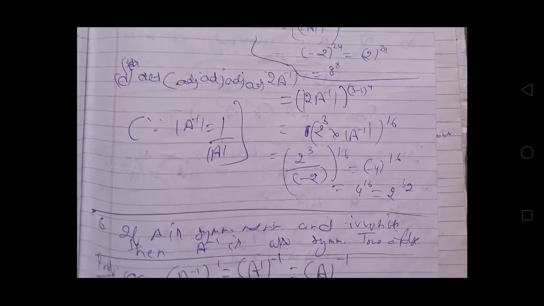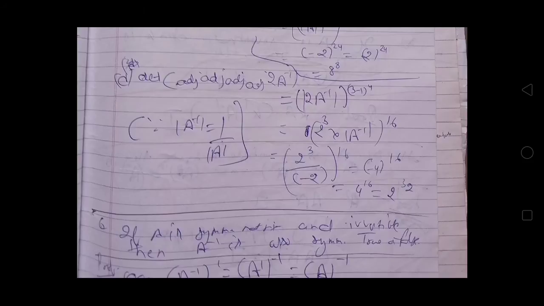Now for the D part, determinant of adjoint applied 4 times 2 into A inverse. This will be equal to determinant of 2 into A inverse raised to the power 3 minus 1 raised to the power 4. This will be equal to 2 raised to the power 3 into determinant of A inverse whole raised to the power 16.